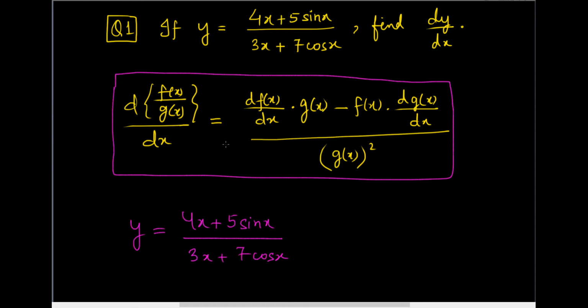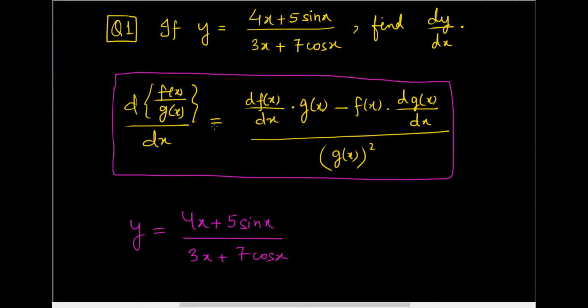First, we can simply write this formula, replace f(x) by 4x plus 5 sin x and g(x) by 3x plus 7 cos x, and do it directly. Or we can separately differentiate the function f(x), the numerator 4x plus 5 sin x, and then differentiate g(x), the denominator 3x plus 7 cos x, and then put the derivatives in this formula. Both are okay, but I feel the second one is an easier way in comparison to the first one, especially if you are a beginner.